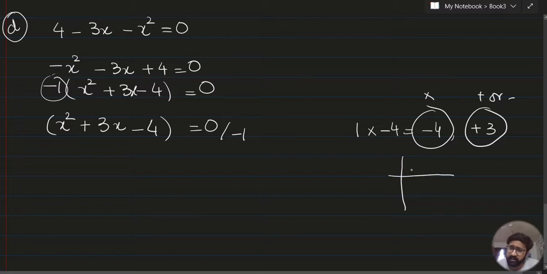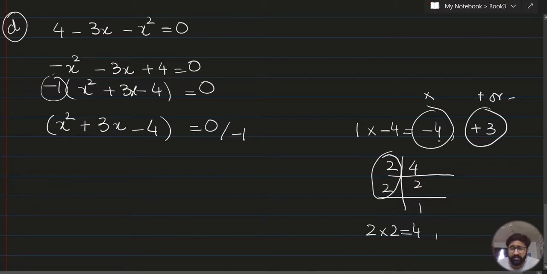Let me do the prime factorization of 4: 2, 2, 2 and 1. So let me make these two as the pair, 2 multiplied by 2 is 4, but I need to have a negative 4.